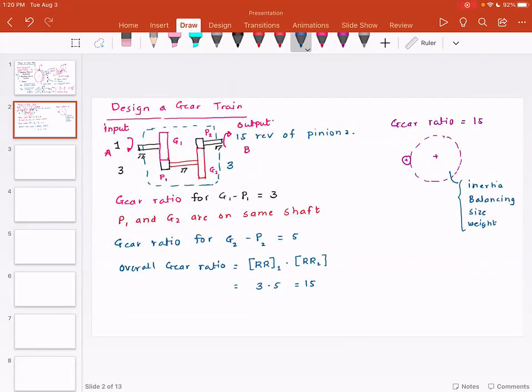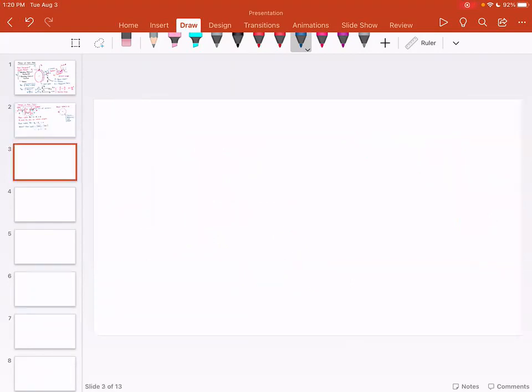Now, let's work out a problem. Say in this problem, what we are going to do is design the gear, and then I will show you how to design the shaft for the assembly.